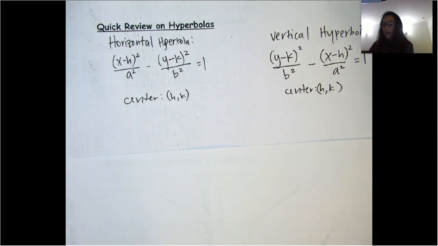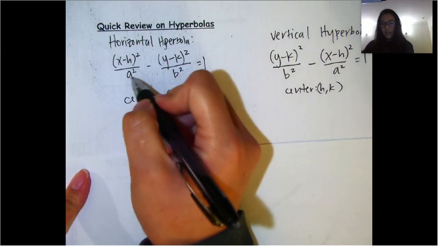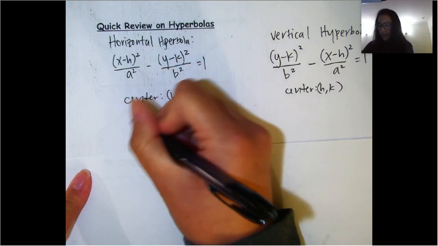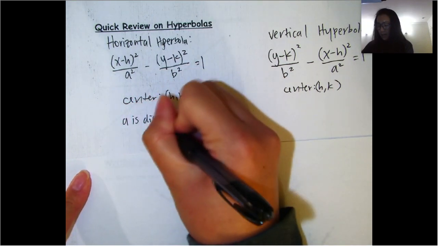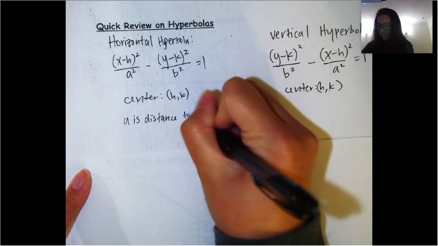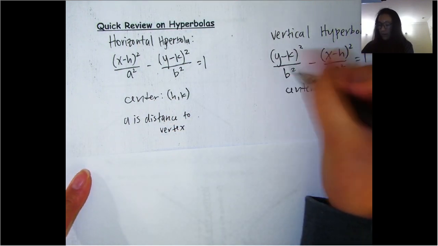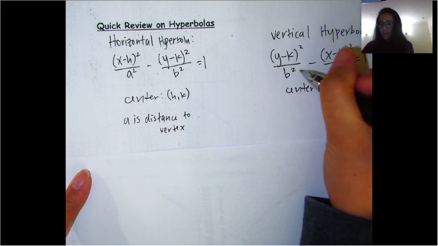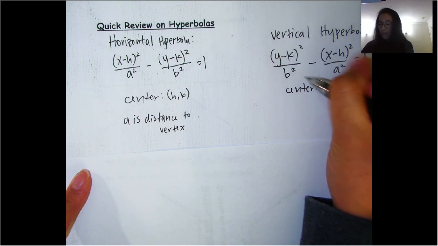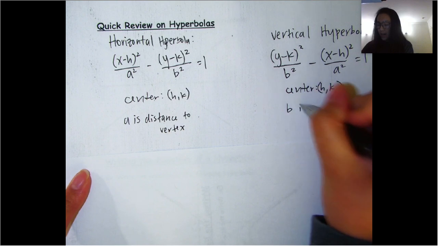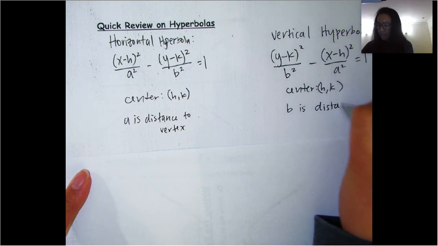For the horizontal hyperbola, because it's horizontal, a is going to give us our distance to the vertex. And then over here, since the hyperbola is vertical, we're going to have b be the distance to the vertex.